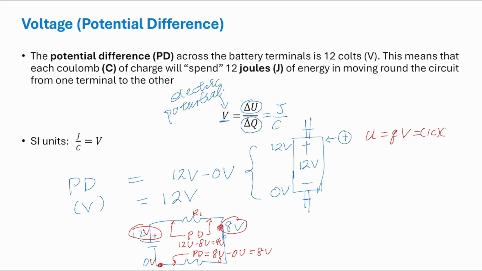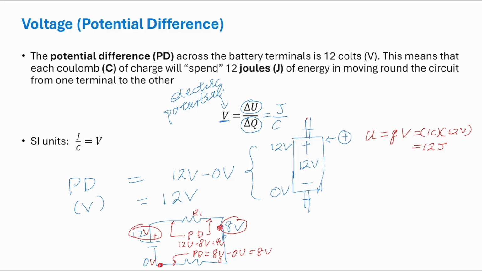This 12 volt. And remember, volt is joule per coulomb. So you have 12 joule of energy. So when the positive charge starts from the positive terminal of a battery, it carries 12 joule for each coulomb.